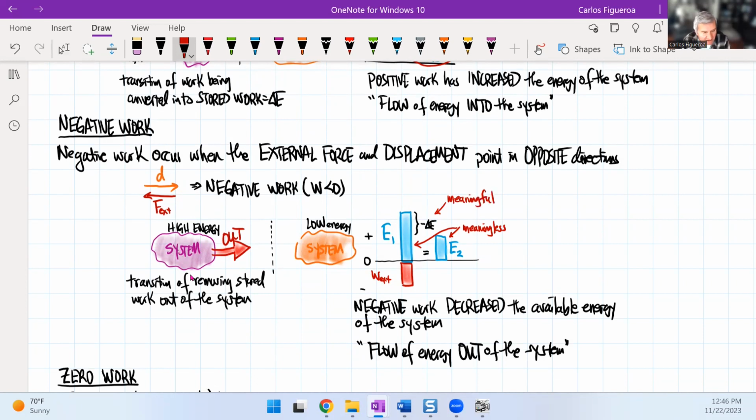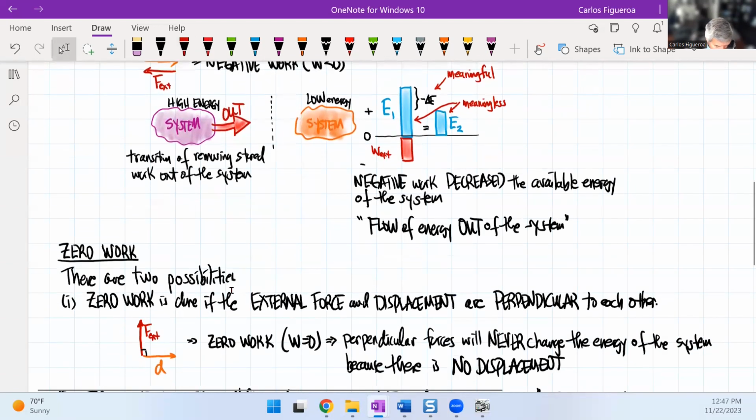That's the only thing that has any physical reality. So negative work decreases the available energy of the system, and in our language, we say there's a flow of energy out of the system, therefore reducing the system.